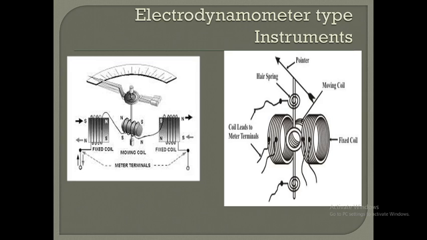The moving coil is connected with the help of two springs, which are used for controlling torque. Also, the fixed coils must be spaced sufficiently apart so that the moving coil can rotate easily in the space.